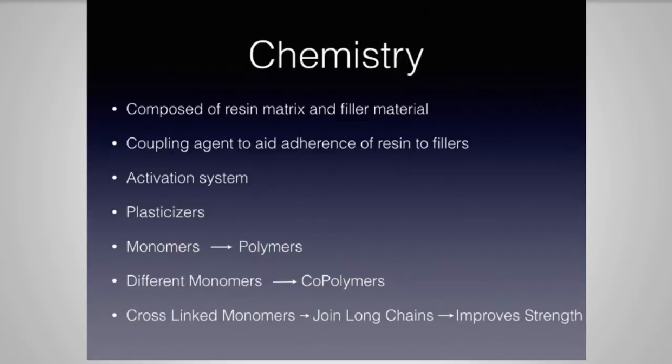And finally, as our understanding of composite science has evolved and the research involved with attempting to improve these materials has led to the utilization of cross-linked monomers that create long chains, which significantly improve the strength of our composites today. It is in this conversion of the monomers to polymers that enables the composites to be composites. And how this conversion occurs is critical in how the material will act over the course of time and its use.